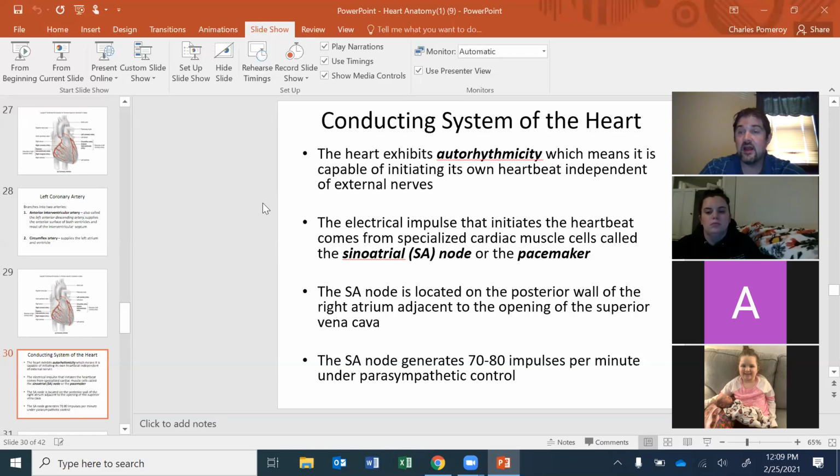Every second, these cells are creating a message, firing it, spreading it through the heart, and then resetting and firing again. You don't think about just how many times your heart beats, but when you add it all up, it's pretty crazy. The average heart beats over 100,000 times a day.